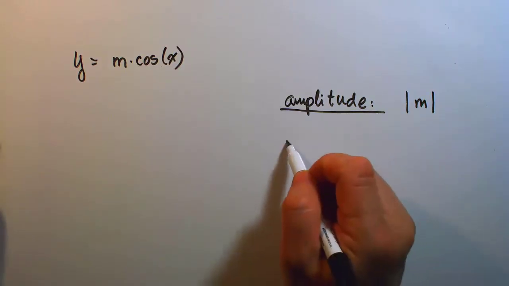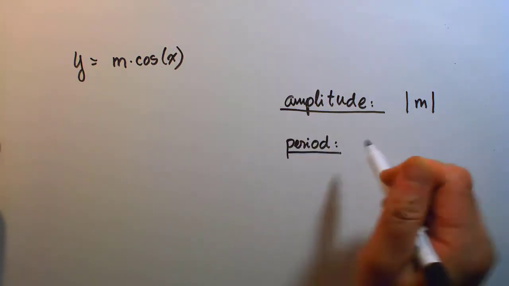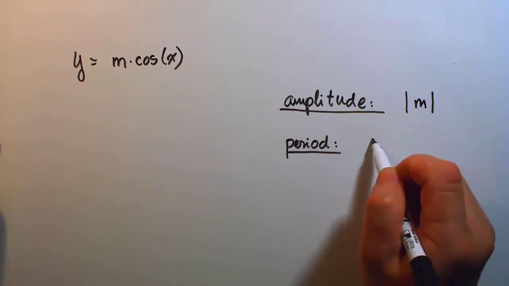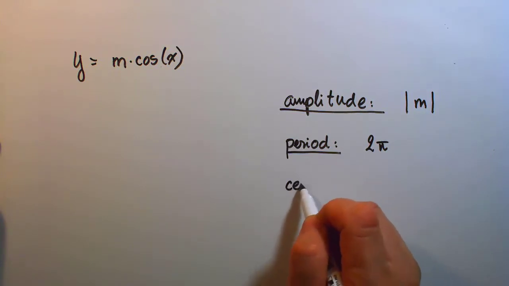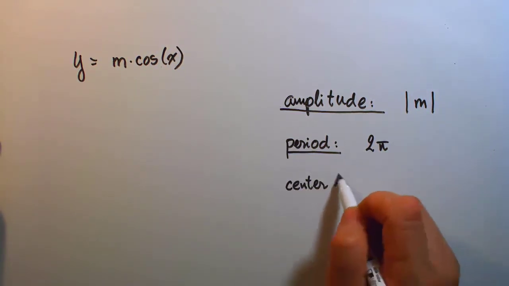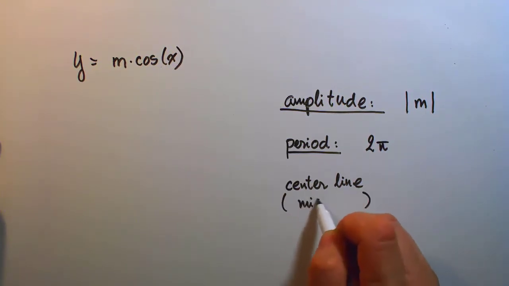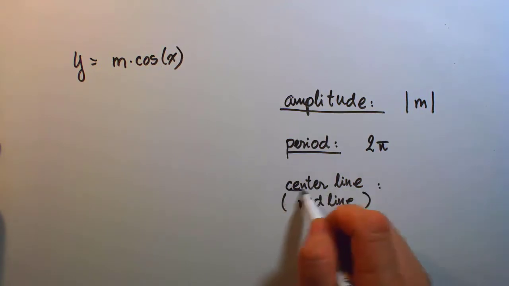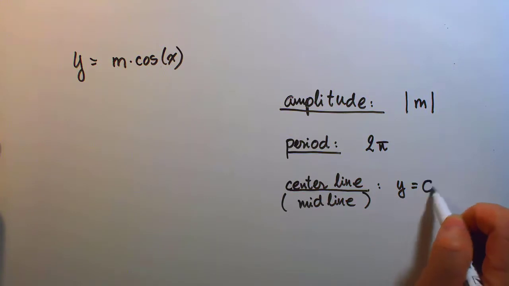The period is going to be the same as the period of the original function, cosine of x, which is 2 pi. And the center line is also the same as the original function. Keep reminding yourself, center line is the same as a midline. And the center line is the x-axis, or the line y equals 0.